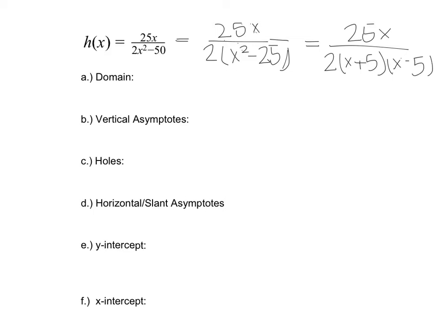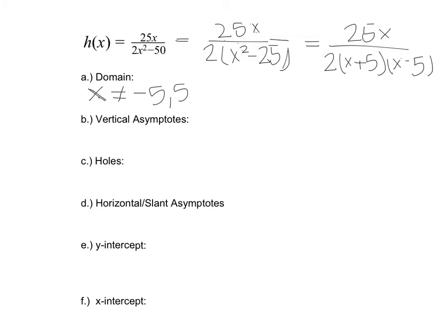So for our domain, we know that x cannot equal -5 or 5, since that's what makes our denominator 0. And then if we look to identify vertical asymptotes and holes, there's no common factor that cancels out of my numerator and denominator.